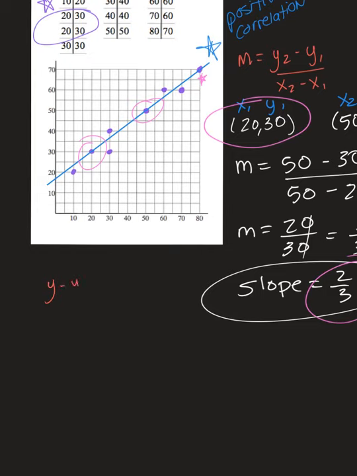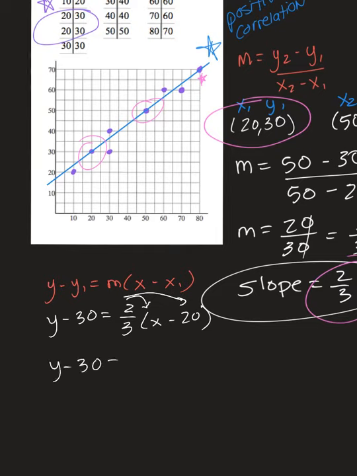We're going to use that equation from that second problem that we did. So y minus y1 is equal to m times x minus x1. We're going to plug in everything that we know. Our y1 is 30. Our slope is 2/3, so our m is 2/3. X minus our x1, which is 20. Just like in our second example, we're going to distribute first.